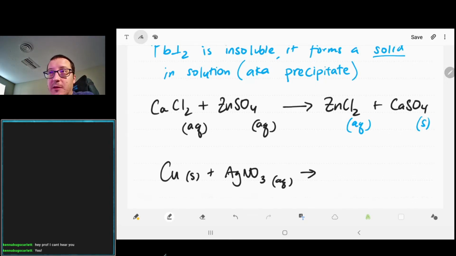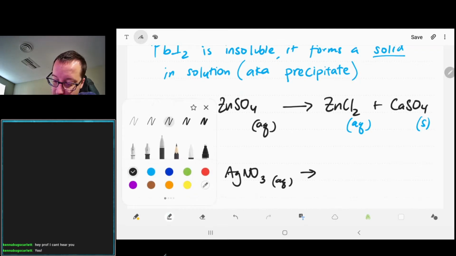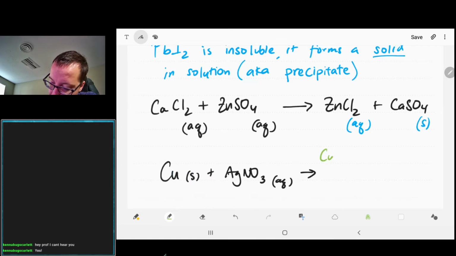Single replacement reaction here. Copper is a variable charge metal. But remember, with variable charge metals, we want to use the +2 form. So if we do that, remember we're going to be kicking out our silver.